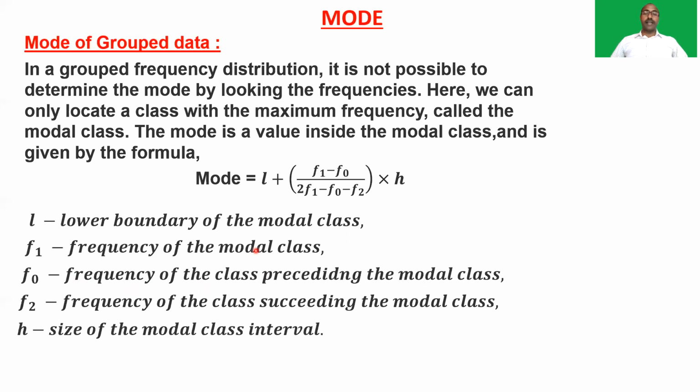By substituting these values in this formula, we can find the mode easily. Remember the formula: mode = L + ((F1 - F0) / (2F1 - F0 - F2)) × H.